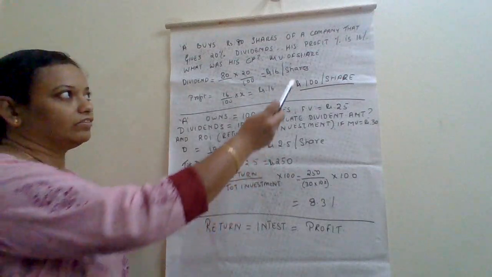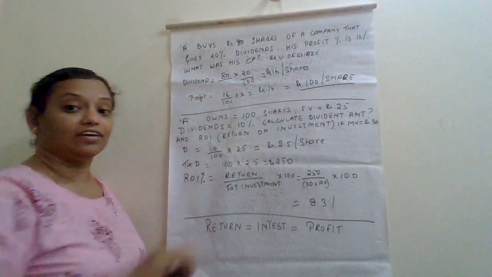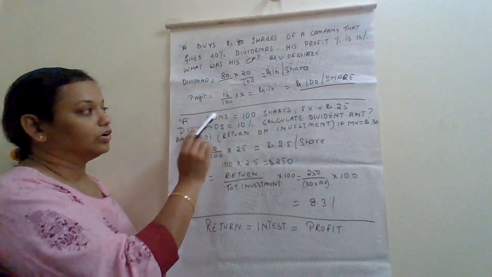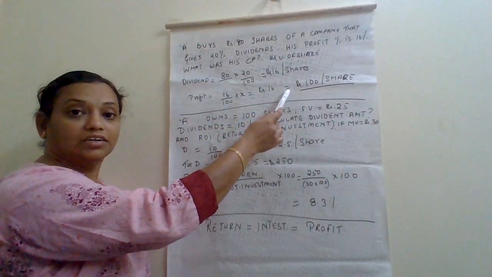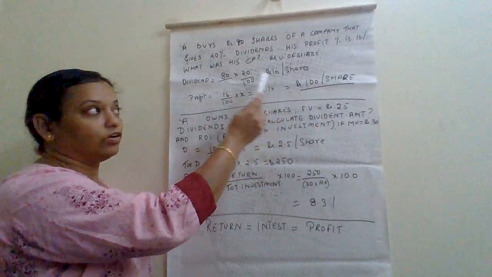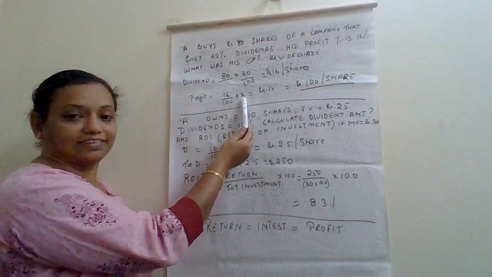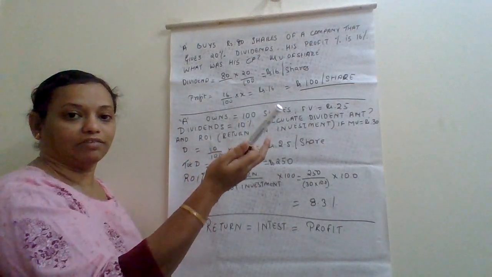Here they have told his profit percentage is 16, and the dividend that he got is 20%. So 20% of what? Nominal value. So profit percentage of X equals dividend percentage of nominal value. You don't know what this X value is.